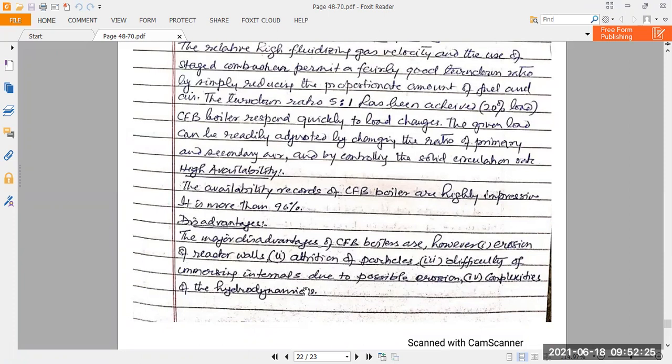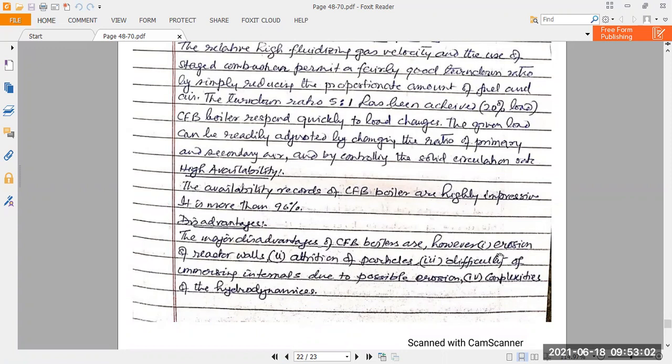Also, there is addition of water and oil due to absorption of particles, and difficulty in connecting the interface due to possible erosion, and the complexity of the hydrodynamics.